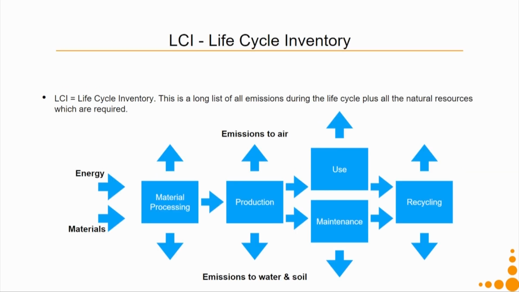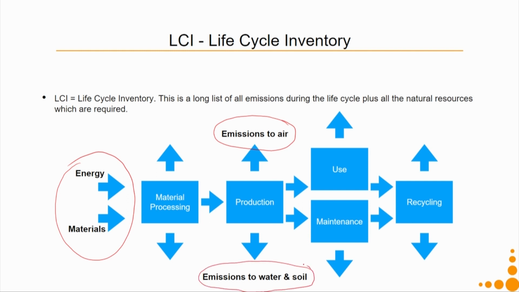Like we discussed in our previous lecture, a life cycle inventory is a long list of all emissions during the life cycle plus all the natural resources which are required. So, at material processing, production, use, maintenance, recycling, all the energy and materials that we will be using, and all the emissions to air, water or soil which are going to happen, form part of the life cycle inventory.